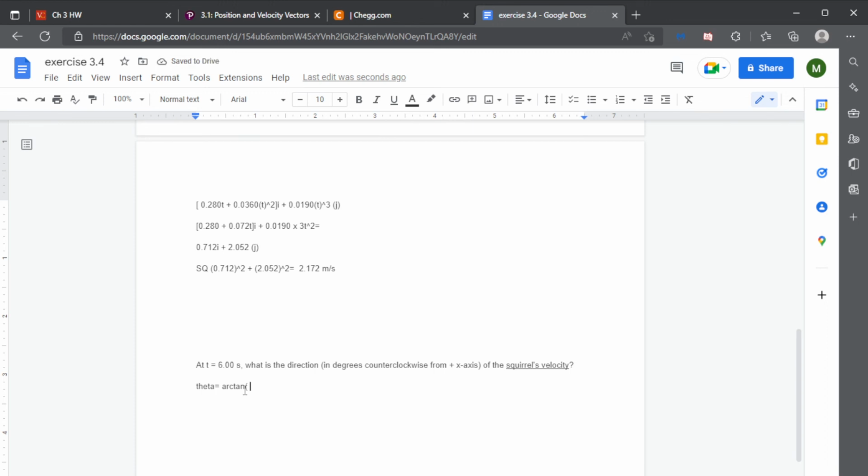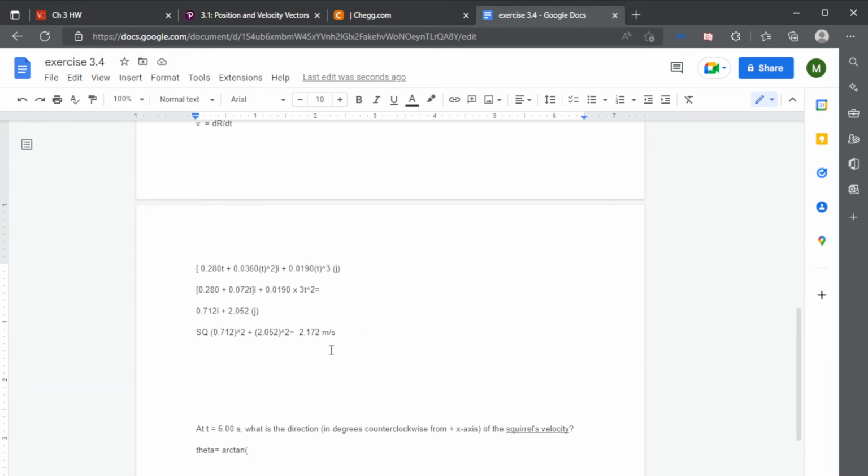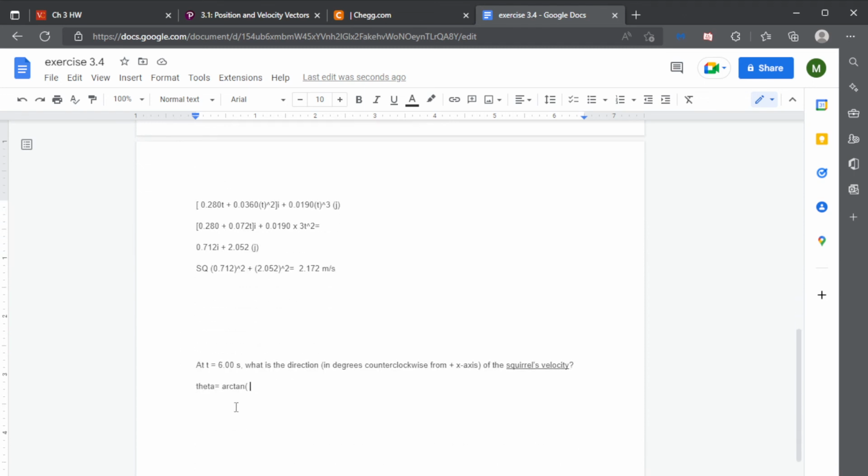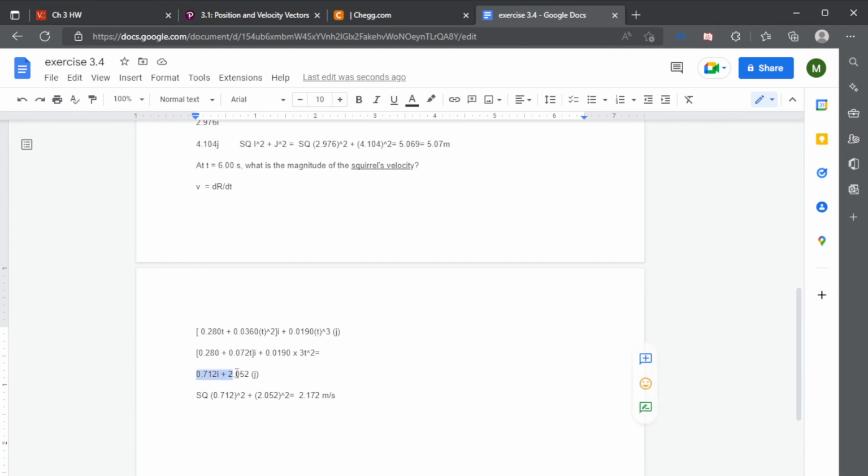What we need to do to plug into our arctangent is plug in what we initially have for j and i in our previous equation, which would be this one right here: 0.712 i and 2.052 j. So we divide: 2.052 j on top, because the j would be on top over the i, over 0.712.